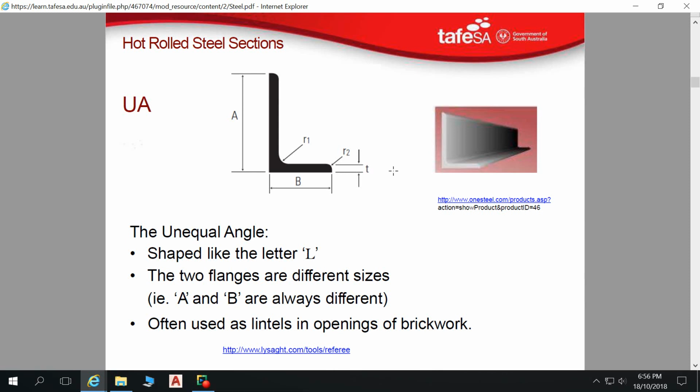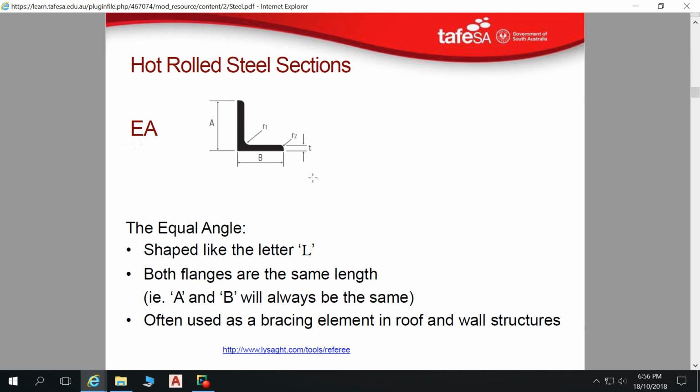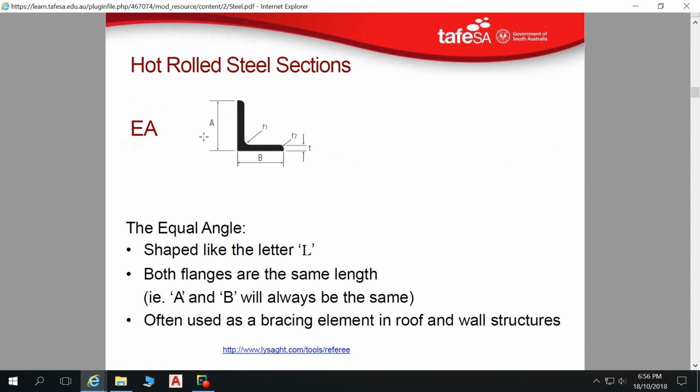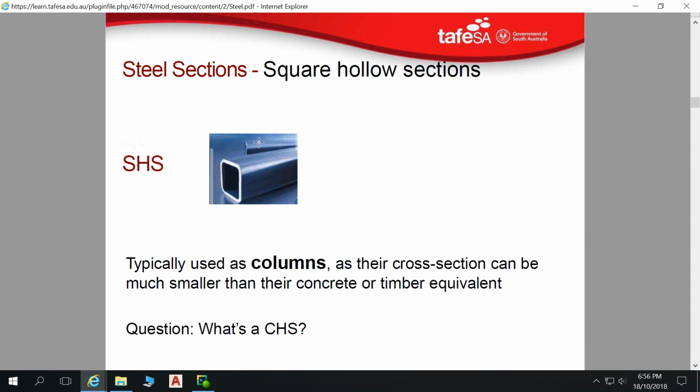So we've got various different dimensions of unequal angles and then equal angles. The reason why we would use an unequal angle is where we need more strength in this vertical direction than we do in the horizontal direction. We use an equal angle when we require strength where we've got equal forces from both directions, or from any direction acting upon that.